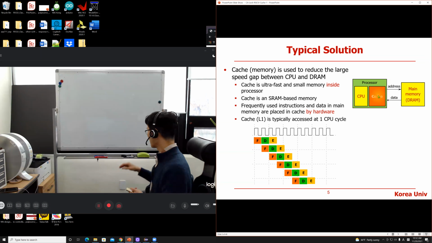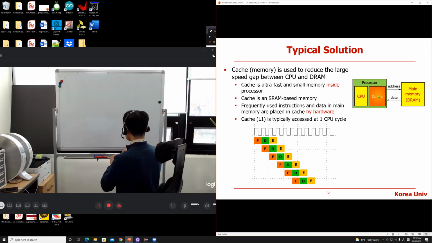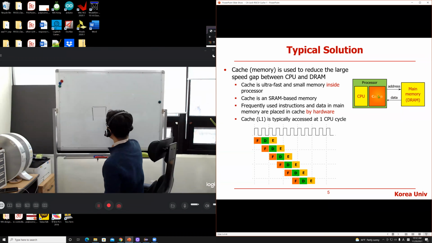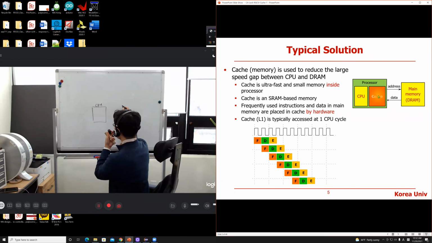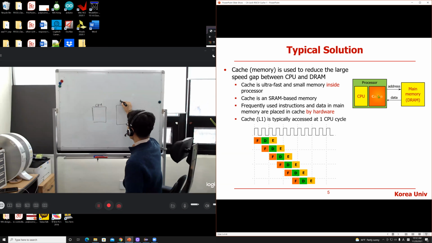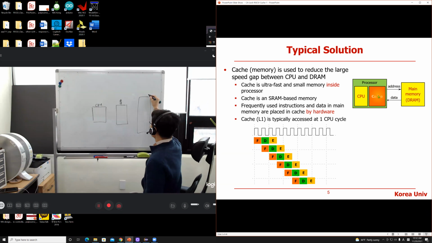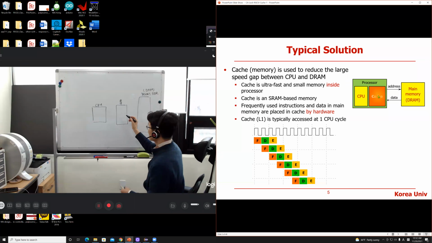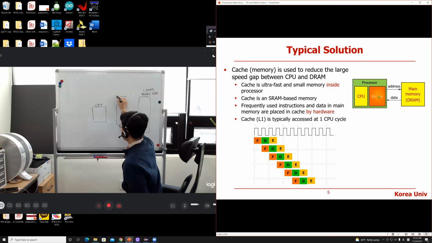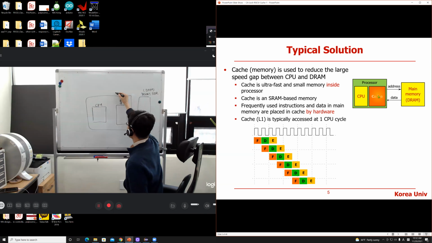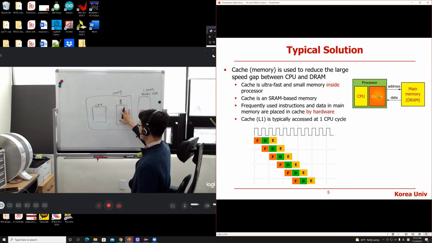Okay, let me draw the big picture. We have cache and memory, DRAM, DDR. So when you turn on the computer, for example with an Intel Core i7 CPU, there's nothing inside the cache, no data.